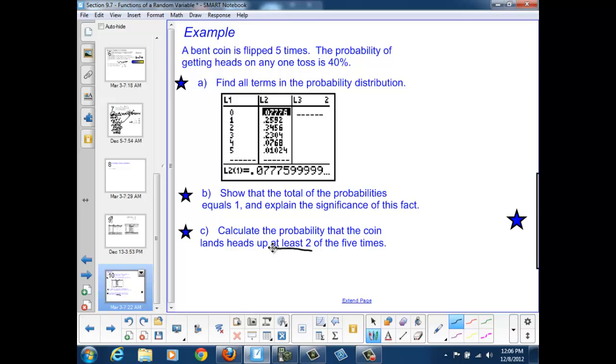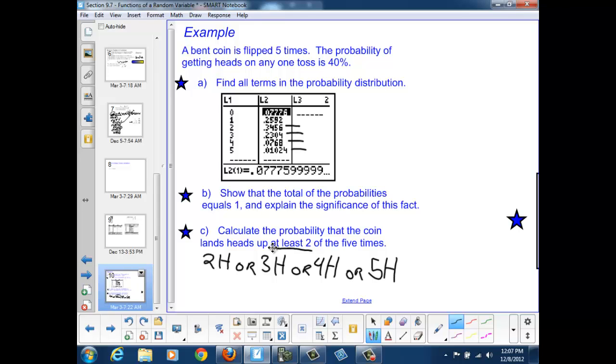At least 2 of the 5 times means I could get 2 heads, or 3 heads, or 4 heads, or 5 heads. So I could take the probability of getting 2 or 3 or 4 or 5 heads and add all of those probabilities up.